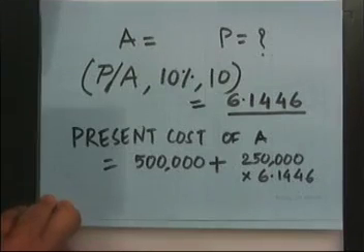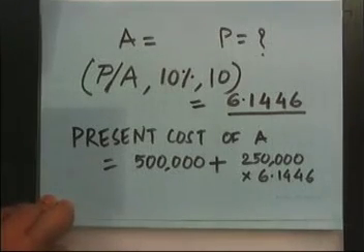What I have done is convert an annuity of rupees 250,000 to time t equal to 0. Now, at time t equal to 0, I already have a value of 500,000.